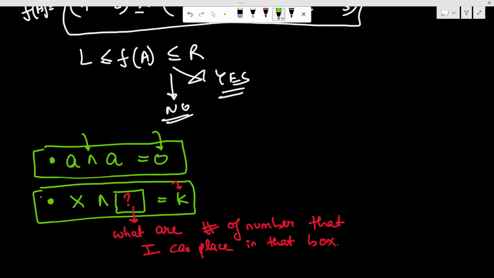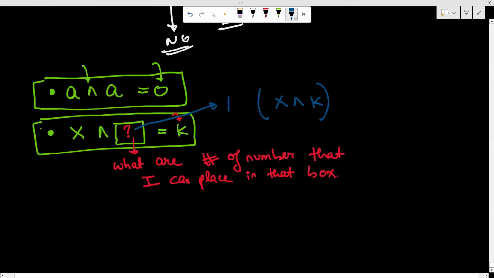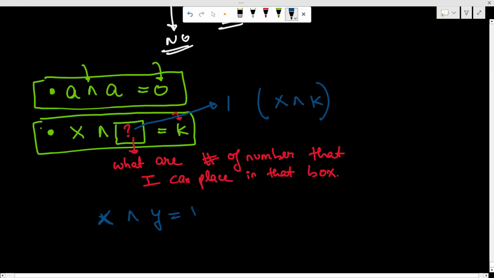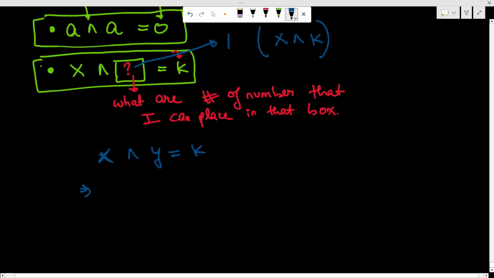So the answer to this question will be simply 1. I can put only one number over there, and that particular number is x XOR k. I assume that you all know the property that if x XOR y is equal to k, then you can definitely write this down as x XOR k is equal to y, and you can also write y XOR k is equal to x.